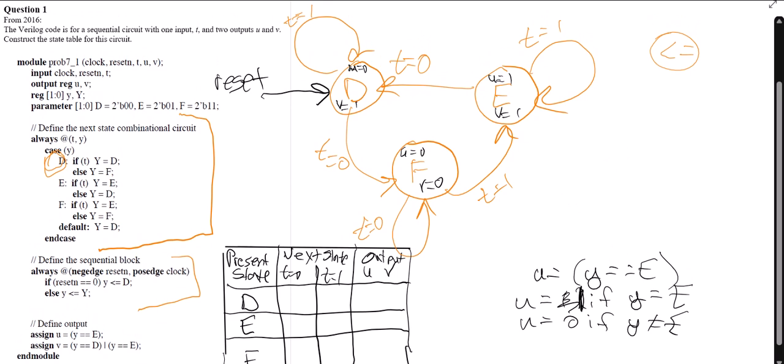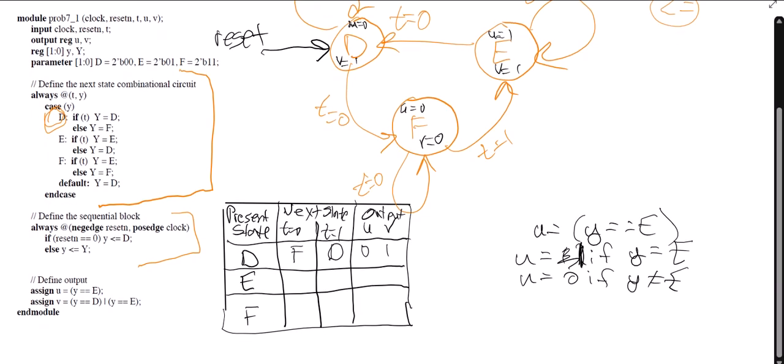When T was 0, we went to F. When T was 1, we went back to D. Our output was U is 0 and V is 1.